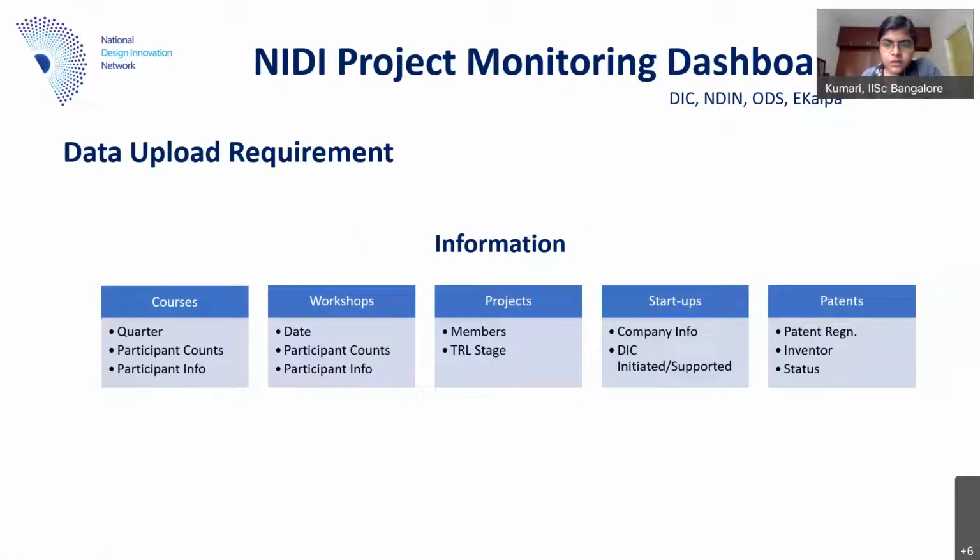The next main section of data upload is the information panel, which includes courses, workshops, projects, startups, patents applied by the DIC, the names of people involved in all of these, and allied information.